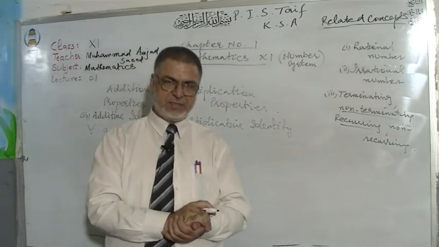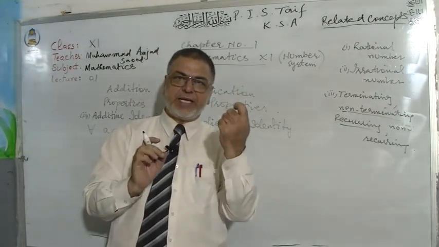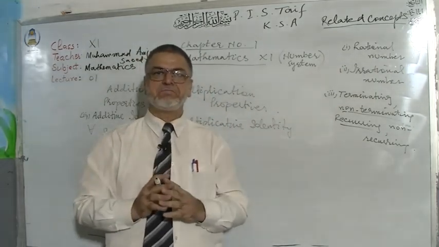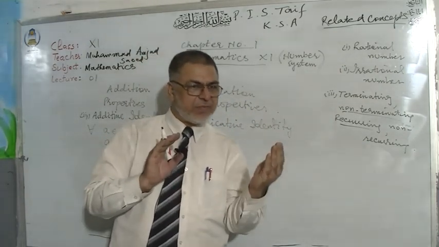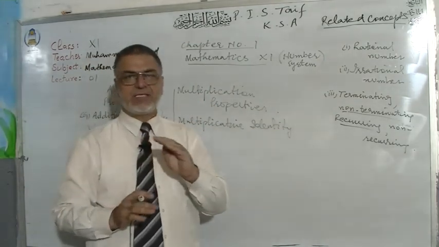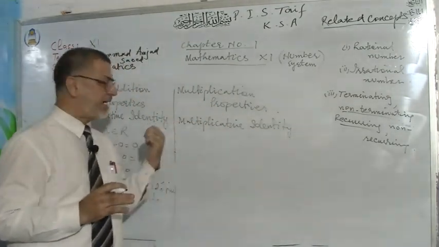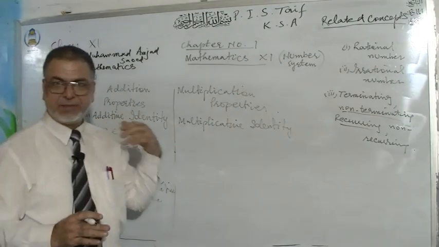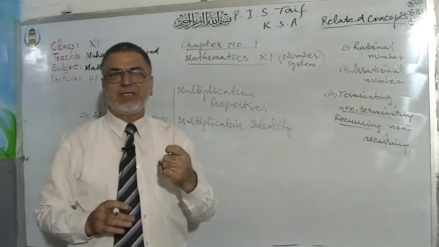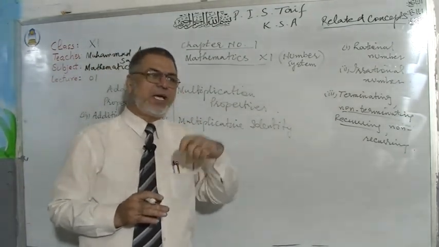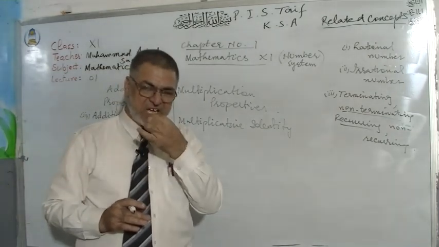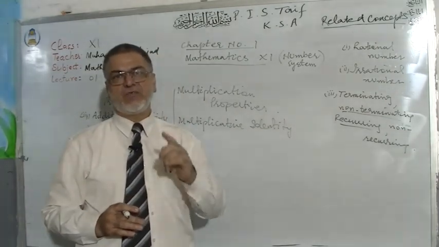For example, a number multiplied by A, you will get A again. A number multiplied by B, you will get B again. Here it was added and here we are multiplying. So which number will be multiplied to every number to give it again, that is known as 1.